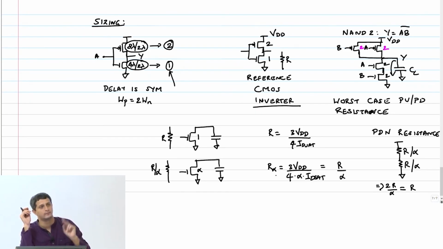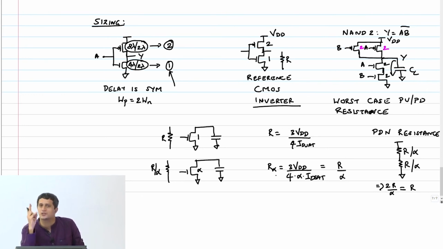What about the PMOS? What is the worst case pull up resistance? So what is the worst case constraint? Is it one of the transistors pulling up or both? It is only one transistor pulling up, because if both resistances are in parallel, it will fall by 2 anyway. That's not the worst case.